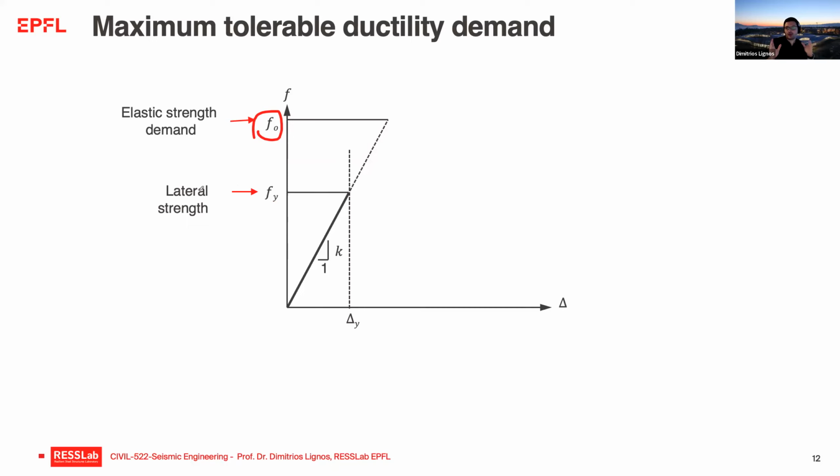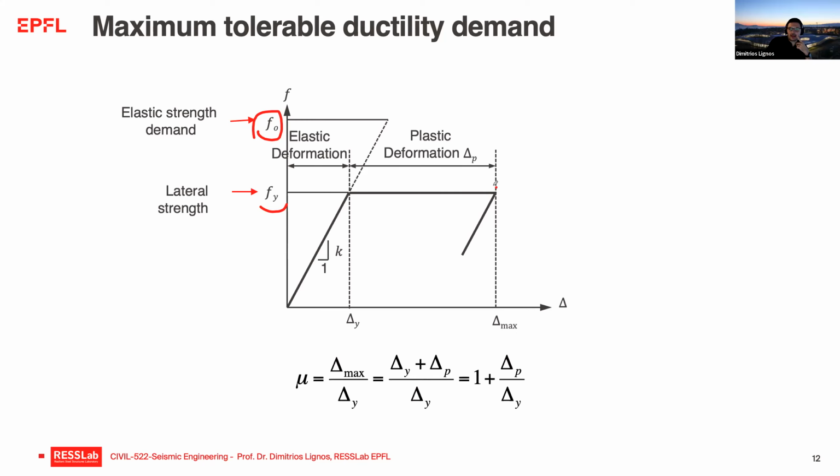When we refer to the lateral strength, because we are dealing with seismic loading, let's call it Fy. Once a structure becomes nonlinear, it will exhibit inelastic deformations. These inelastic deformations essentially define what we call the maximum tolerable ductility demand, which I can define as the Greek letter mu.